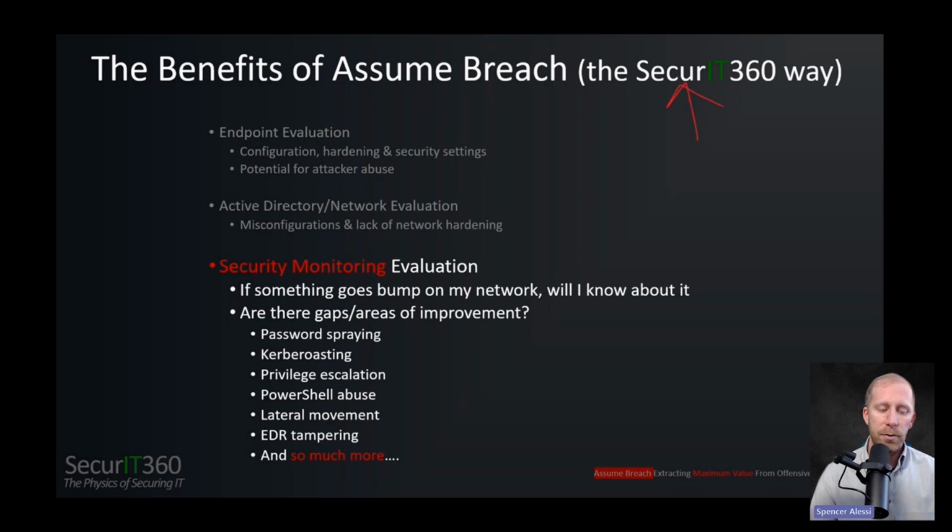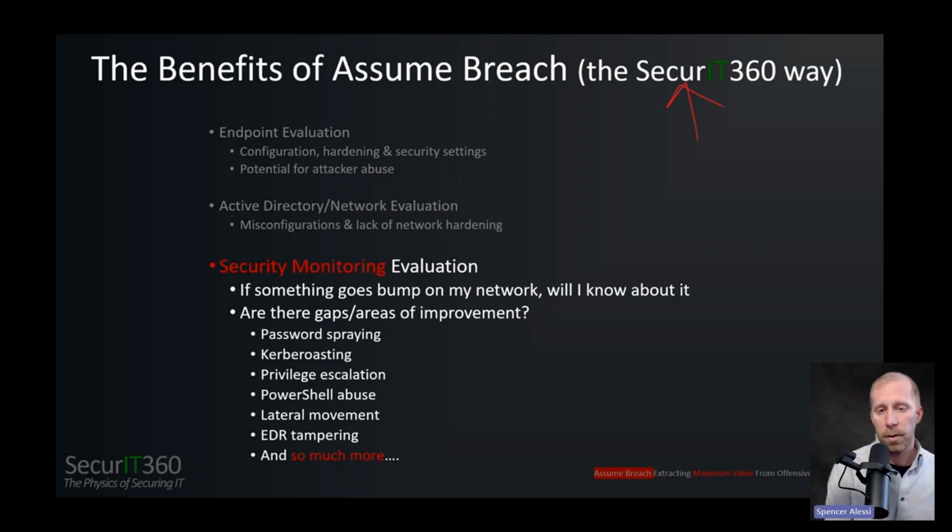Again, we're not trying to be a silver bullet. We're trying to give a wide assessment. And like I said, a lot of these points I'm making, you can kind of see how these components of the assumed breach can lead to other types of assessments. The security monitoring specifically can lead to purple team engagements, right? So maybe during the course of the internal pen test, we identify that, hey, EDR, MDR, or whatever you have for security isn't really alerting you in the way you would like, or it's not alerting you to the things that you think are important.